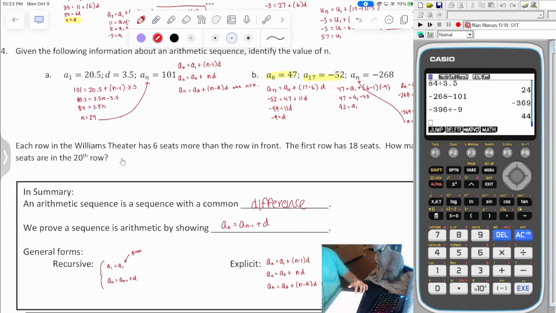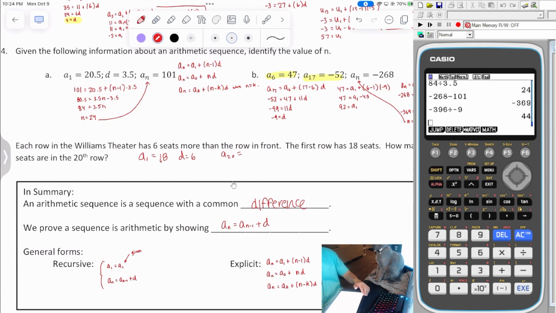So there's quite a bit of info that I know now. I know for a fact that the first row, let's label it a sub 1, the first number of my sequence, should be a total of 18 seats. I also know the difference, d, should be equal to 6. Each following row is always 6 more than the previous one, where the first initial row is 18 seats. And so we're trying to predict the 20th row, a sub 20.